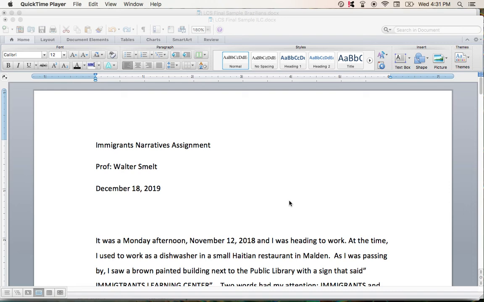Now, the most important things that your essays have to do is they have to include a subject that lets you talk about immigrants, a subject that you're connected to yourself, and a subject that has to do with community.